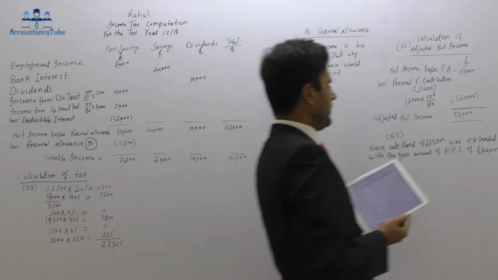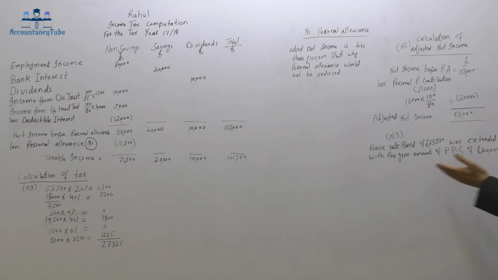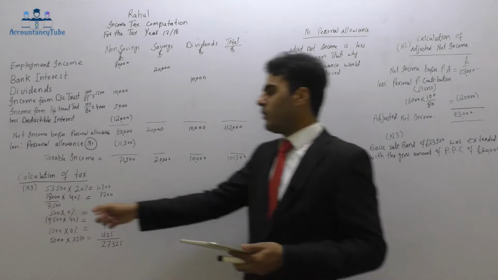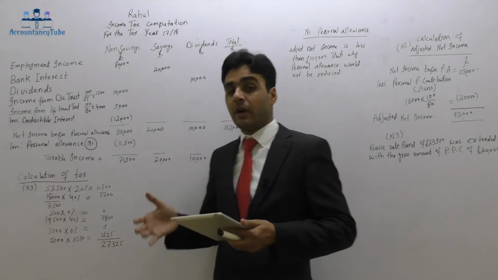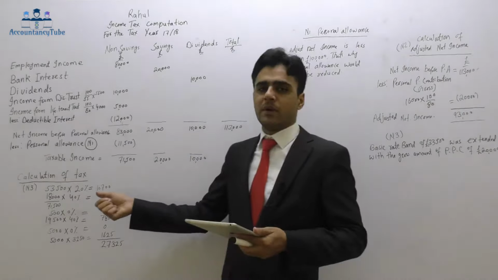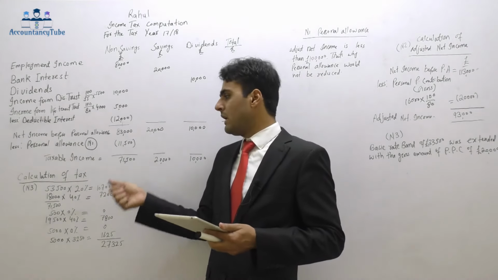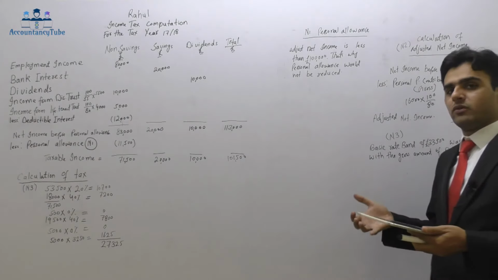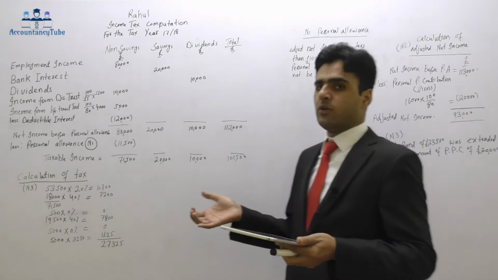If it is going out of the frame, I'm reading it out to you: basic rate band of 33,500 was extended with the gross amount of personal pension contribution of 20,000 pounds. That is our note 3. I've written down note 3 just to communicate to the examiner that I know this rule, otherwise the examiner will not give me the marks. So please make sure whatever you have written down here, tell the examiner that you know this rule. Otherwise he cannot assume that you know this rule.